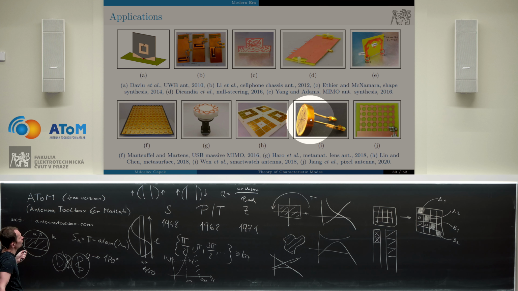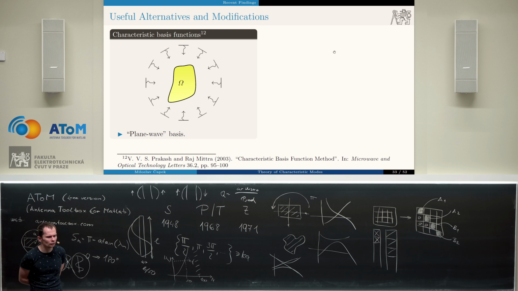And of course, we also have other alternatives. For example, characteristic basis functions. They are extremely useful for scattering problems because they basically do the same as the network characteristic modes, but not for localized feeders.